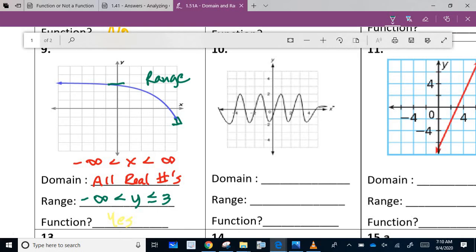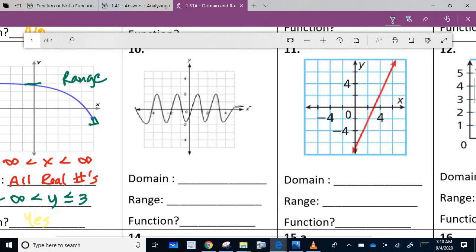Now, look at number 10. If we do the vertical line test, I see it's only going through one point at a time on that vertical line, so we say yes, this is a function. Now, I'm going to take this line off, and then see how wide it is.